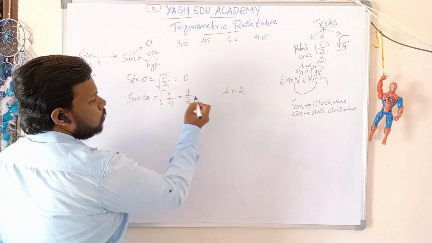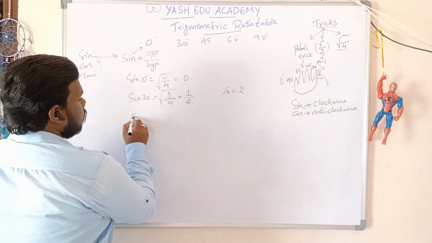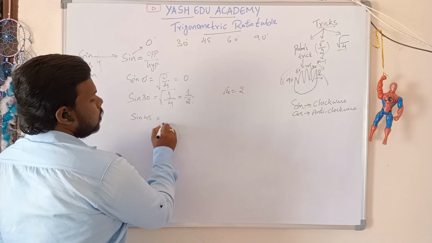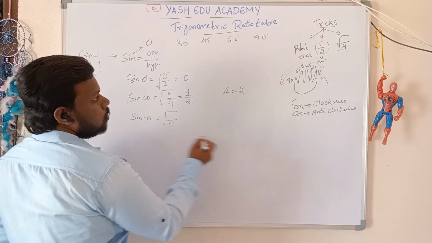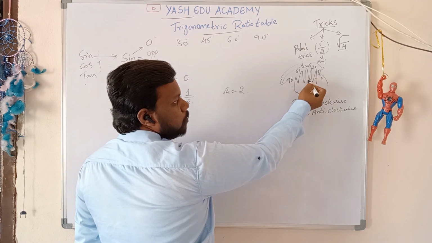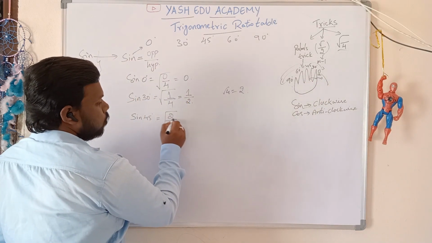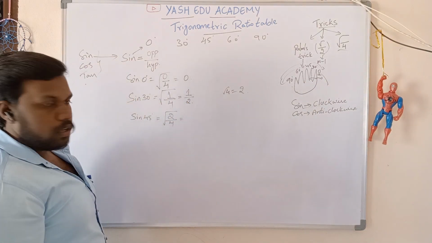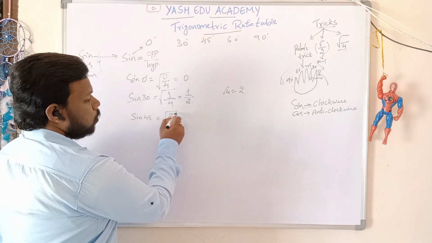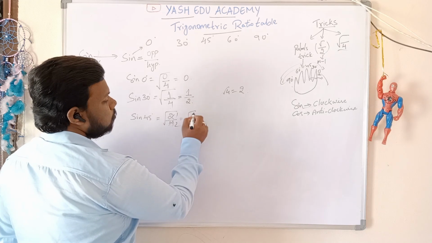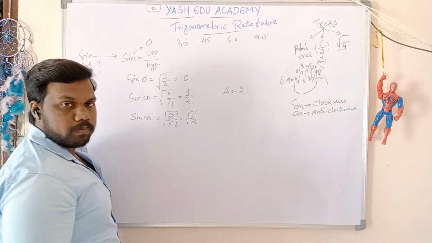So 1 by 2 is the answer for sine 30. Now sine 45 degrees, same way root of by 4 at the middle finger. After the middle finger there are 2 fingers left. So root of 2 by 4, you can write it as root 2 ones and root 2 twos, so root of 1 by 2.